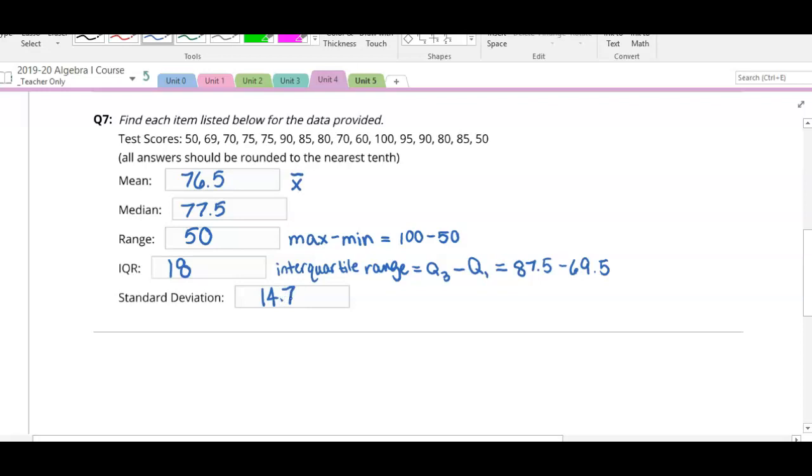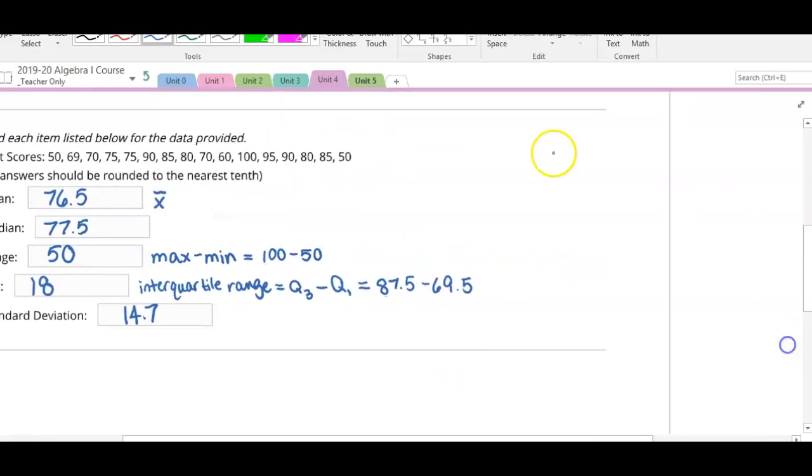Now, depending on the data, depending on the shape of the data, that tells us what kind of statistics we want to use to describe the data. If we graph our data and the shape is normal, that means it's not skewed.